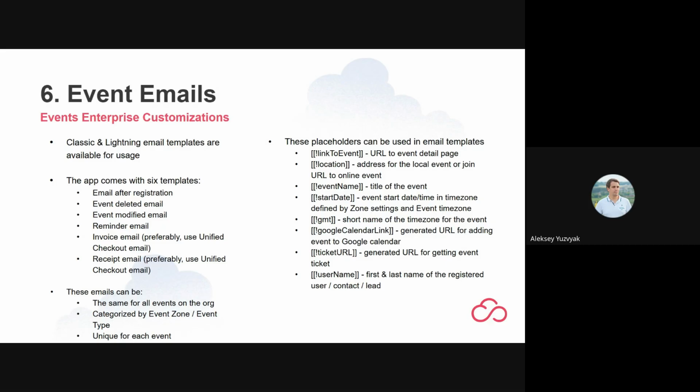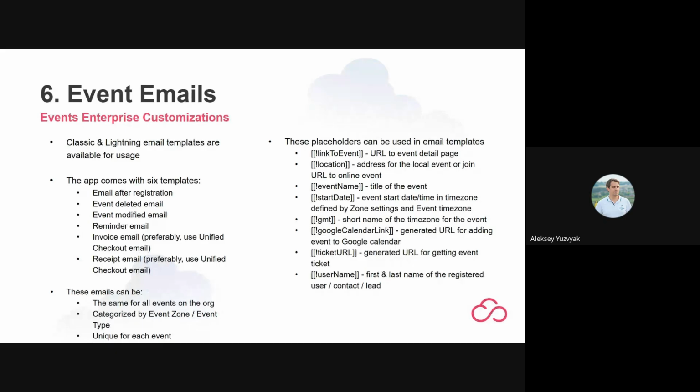The app comes with 6 templates out of the box, but as of now, we recommend leaving only the first 4. It's a welcome email, an email about a deleted or modified event, and a reminder email. For invoices and receipts, we suggest using unified checkout emails for handling them, because there is a beautiful PDF attached, different logic, and some payment options, payment links that can be utilized in invoice and receipt emails from a unified checkout site.